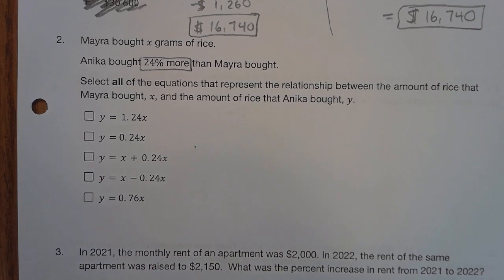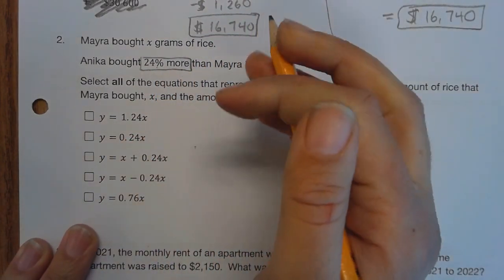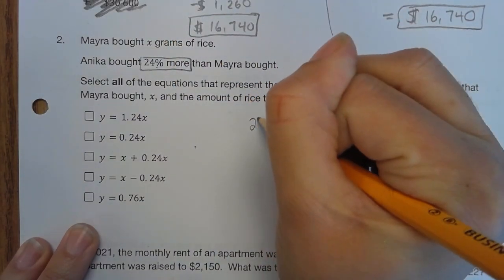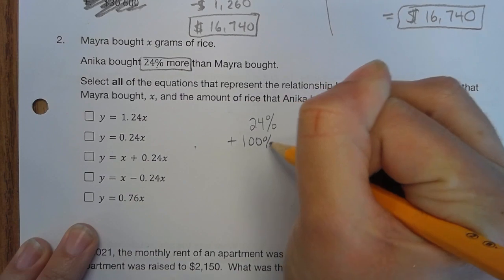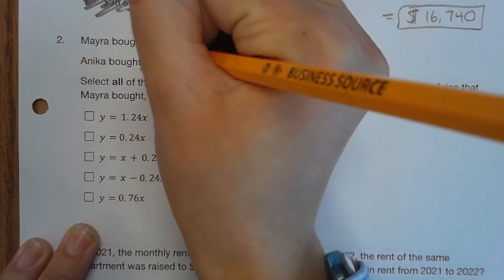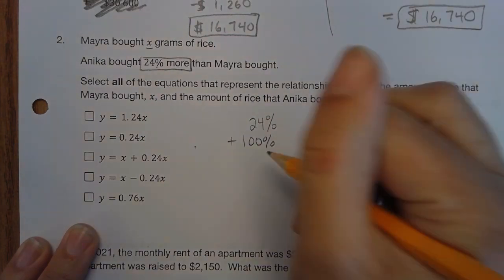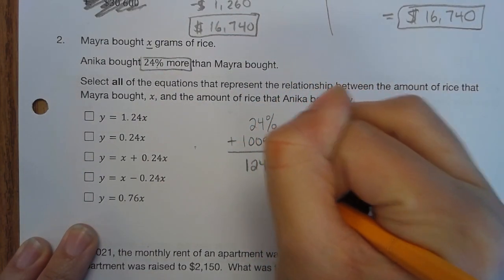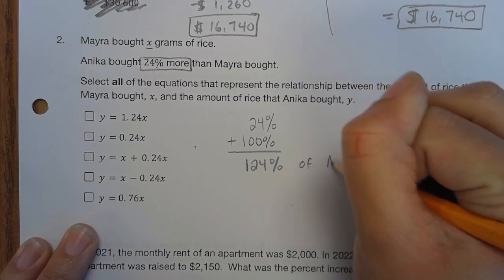Okay, so here we have a 24% increase. So that means it's 24% more than the 100% that Myra bought, right? Because Myra is our X. We're seeing Myra as like the original, and then Anika's 24% more than that. So that is 124% of Myra.